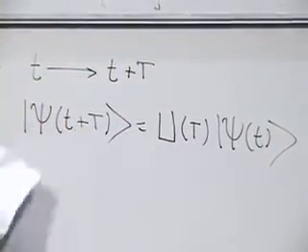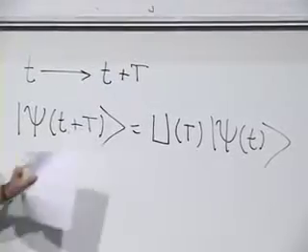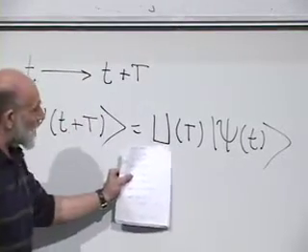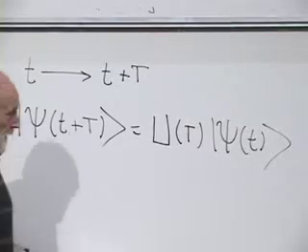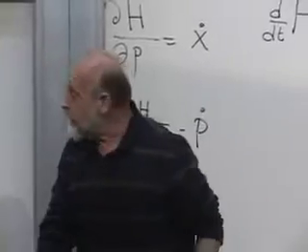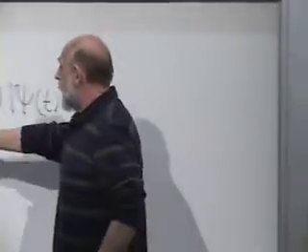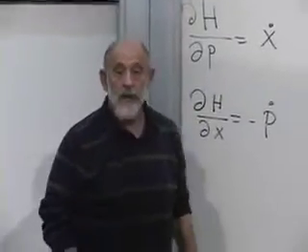All this says is if we want to push the system ahead by an amount of time capital T, we do it by applying the evolution operator U of capital T. So that's the first fact. That's the first thing. Time evolution through a certain amount of time is governed by a unitary operator.